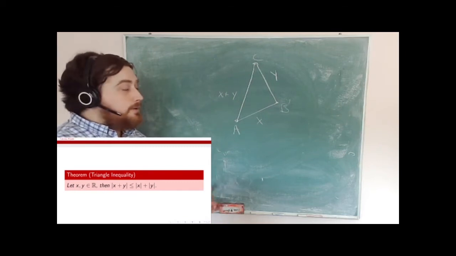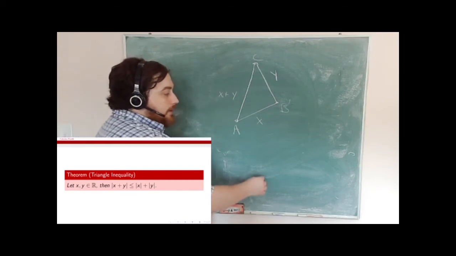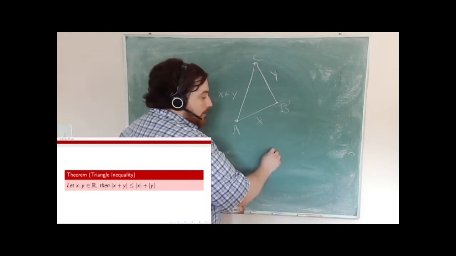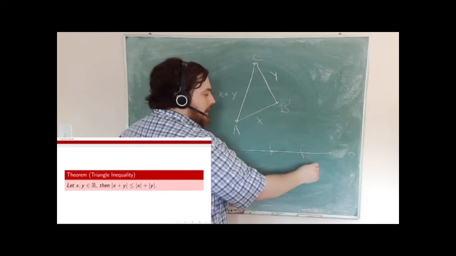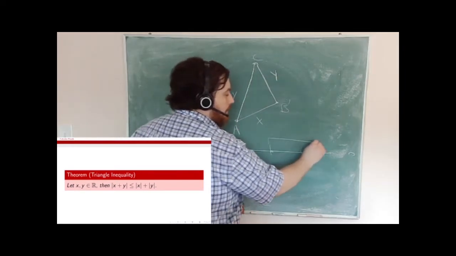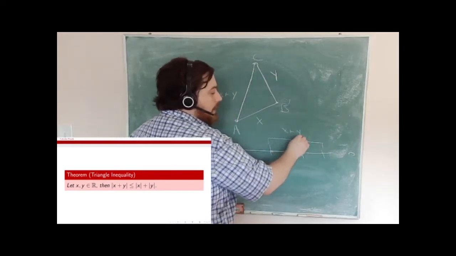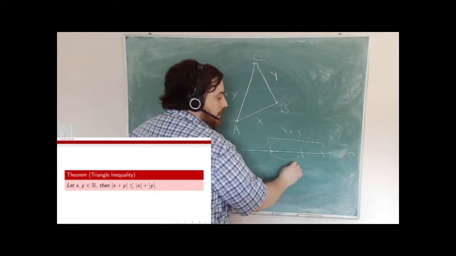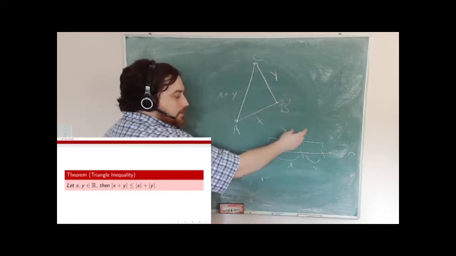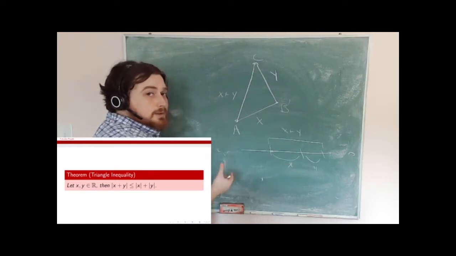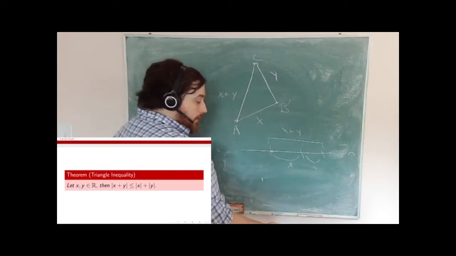Now, if we're dealing with real numbers instead of things in R squared, we get a picture that looks like a number line. Here's x. If I add y, this would be x plus y, if x was positive and y was positive. So the absolute value of x plus y would be equal to the absolute value of x plus the absolute value of y.